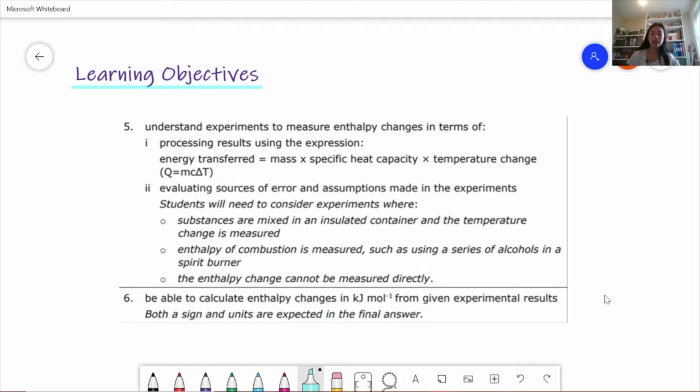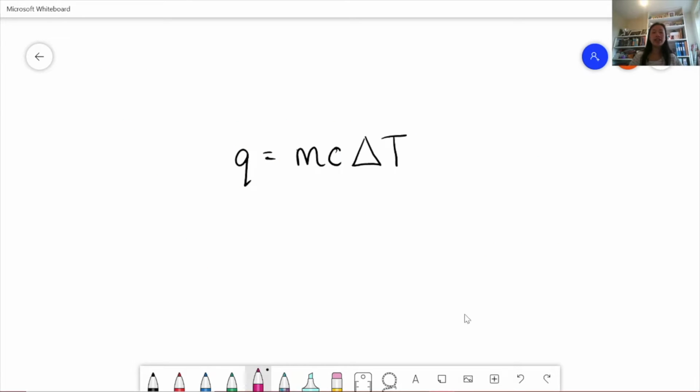The next learning objective will be to be able to calculate enthalpy changes in kilojoules per mole from given experimental results. So now we're going to look at an equation that will eventually help us find the enthalpy change of a reaction. This equation actually helps us find the heat energy difference, the heat energy given in or the heat energy given out.